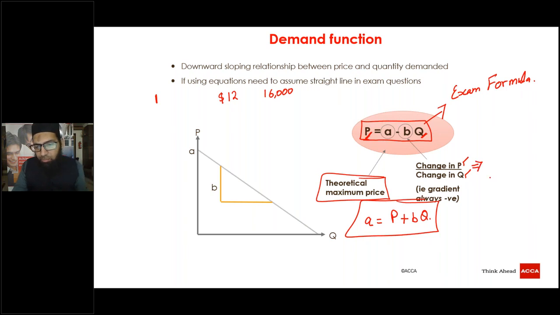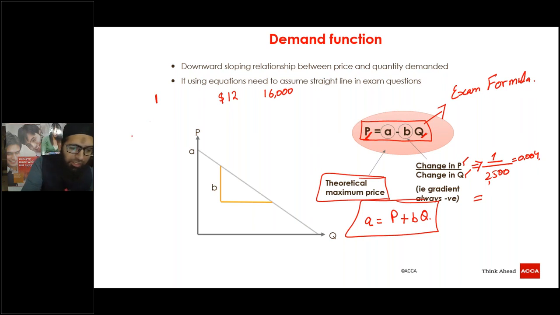So change in P divided by change in Q will be 1 divided by 2,500. The answer is 0.0004. So the value of B is 0.0004.